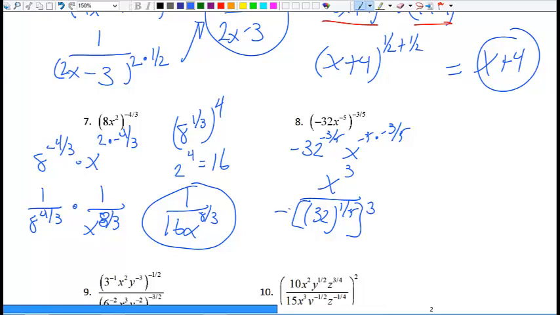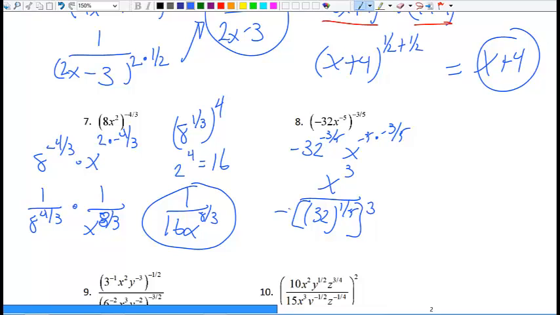And then I'm going to bring the negative out front. The negative actually is not attached to the exponent itself. The negative is hanging out in front of the 32. So I can simplify the 32 first, and then when I get done with the 32, then I just put a negative out front.